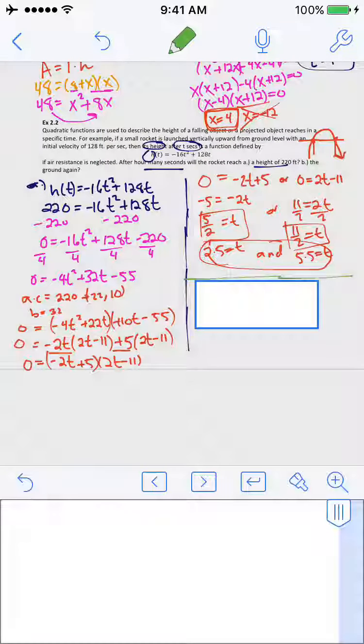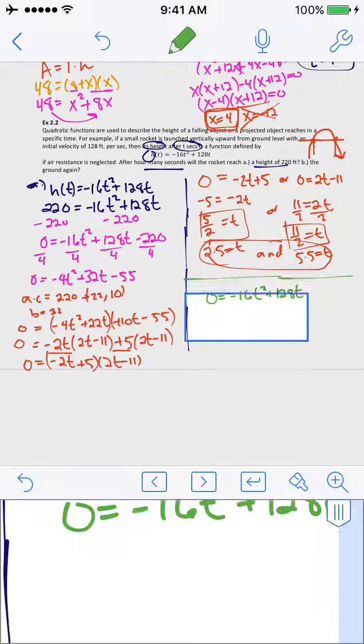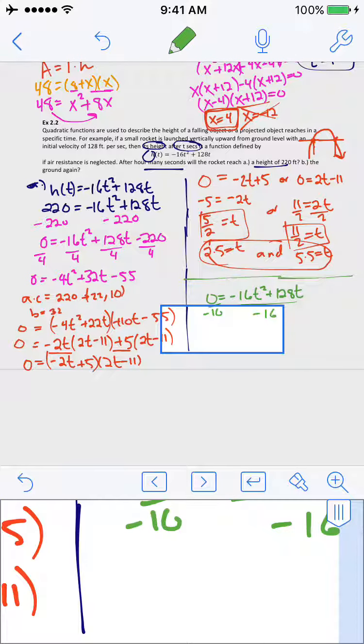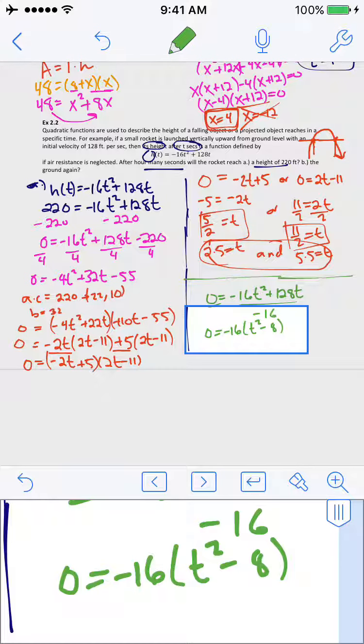So, the equation is 0 is equal to negative 16t squared plus 128t. Okay, now I'll try GCF. I can pull the negative 16 out. So I have 0 is equal to negative 16 times t squared minus 8. That sounds a little better.